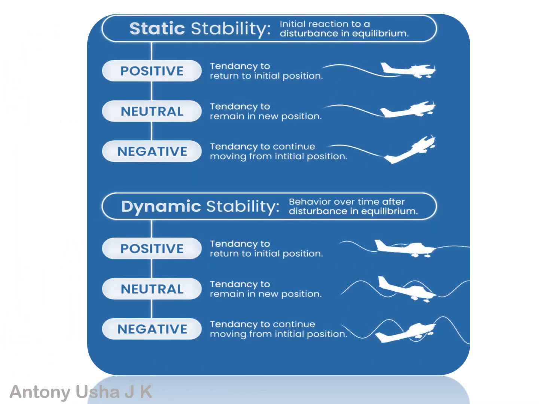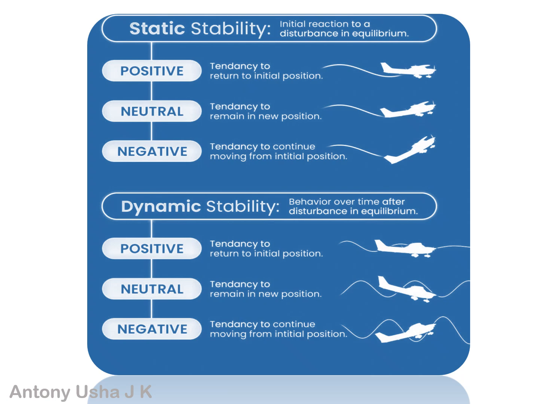The picture gives the detail about the comparison of static stability and dynamic stability, where static stability is the initial reaction to disturbance in equilibrium and dynamic stability is the behavior over time after disturbance in equilibrium. As we know, static stability is divided into positive, neutral and negative, and the same in dynamic too.